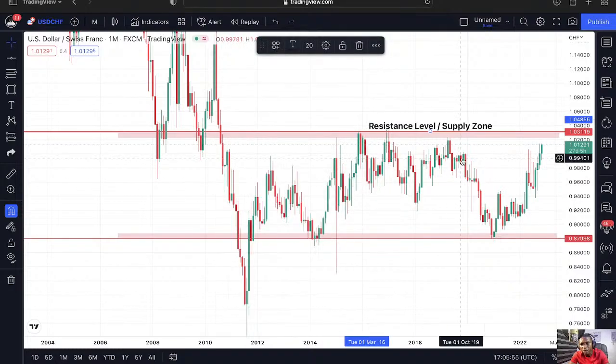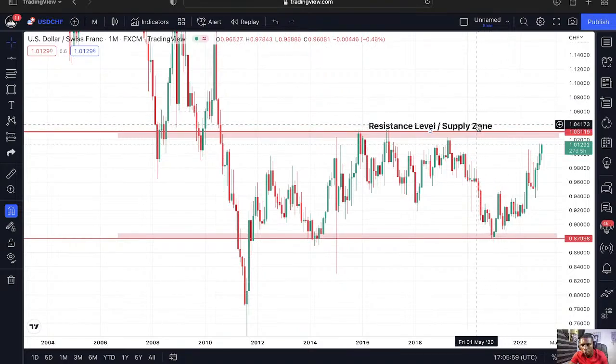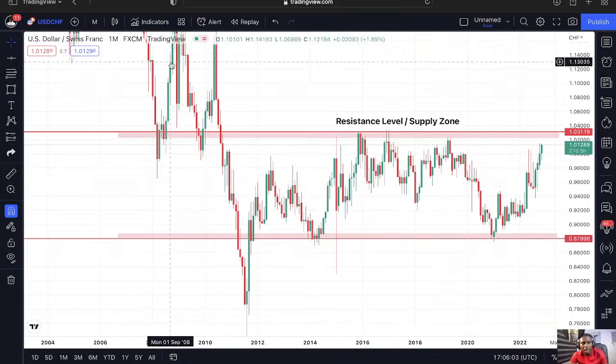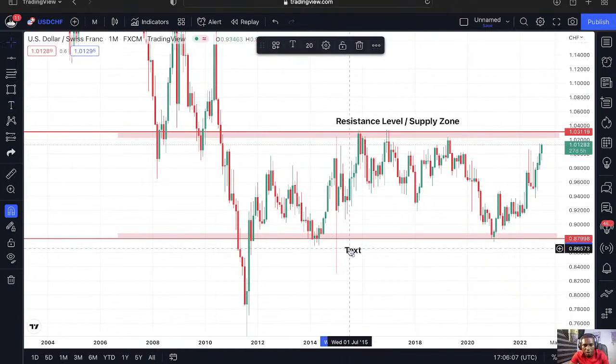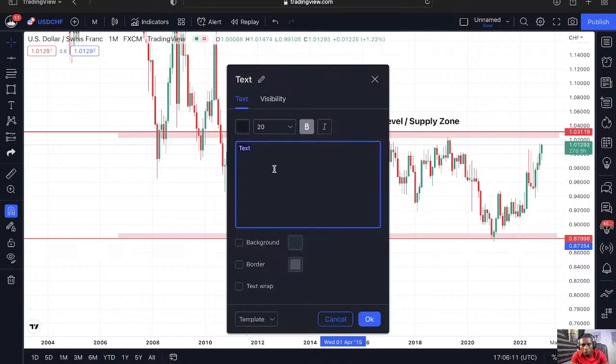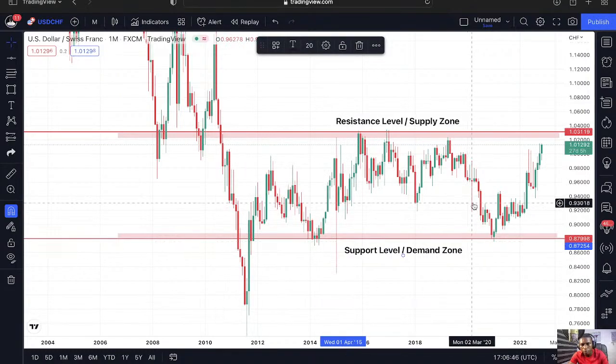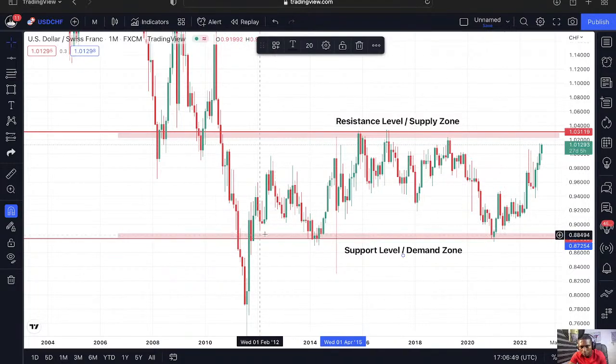And this level here is called support level. It's called demand zone.